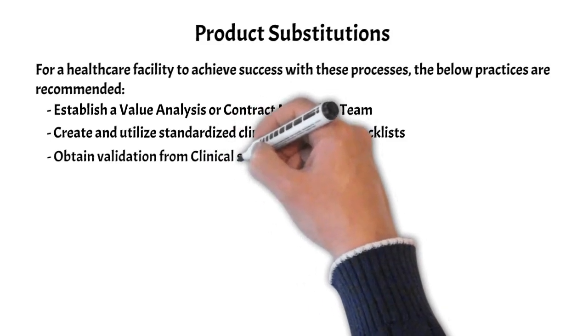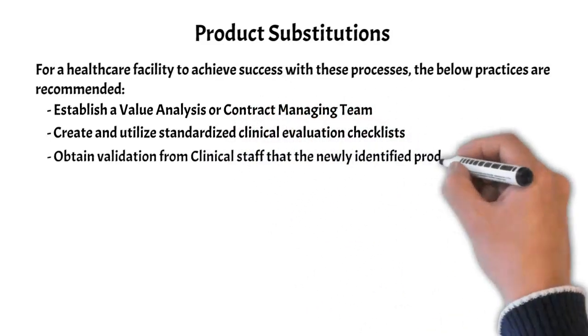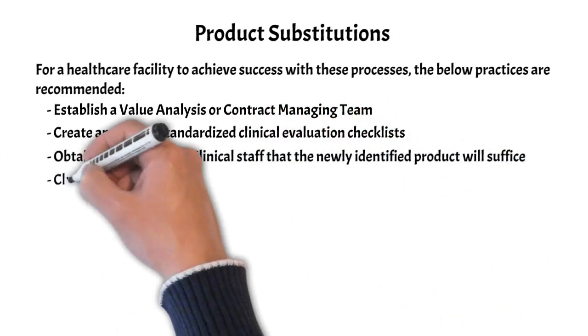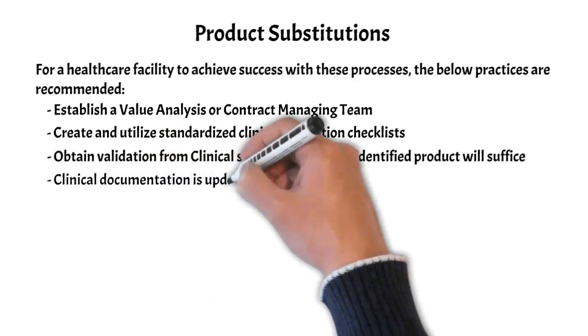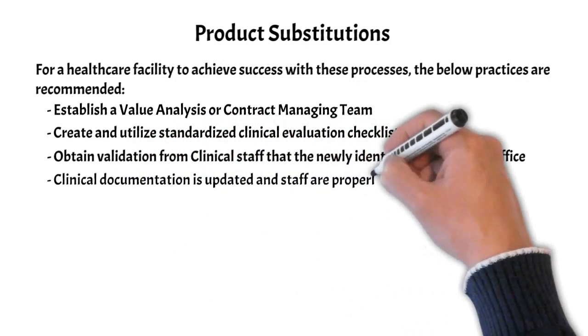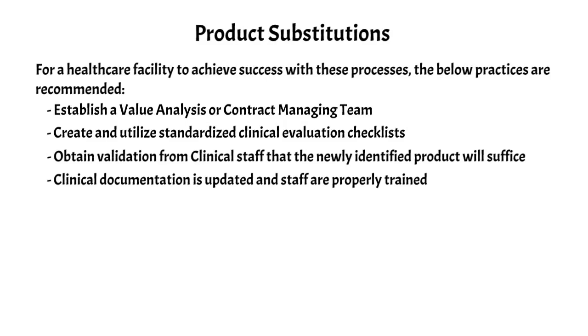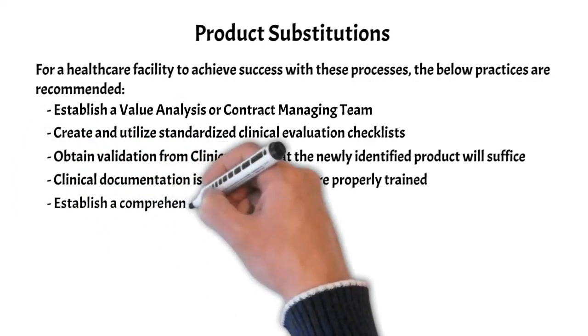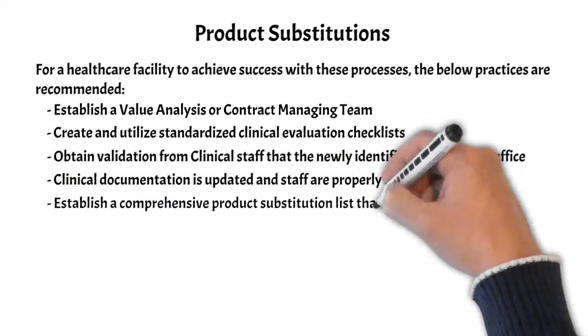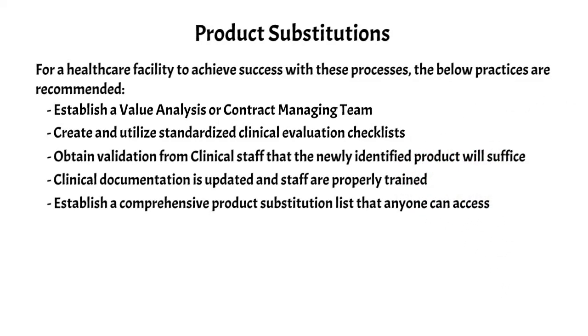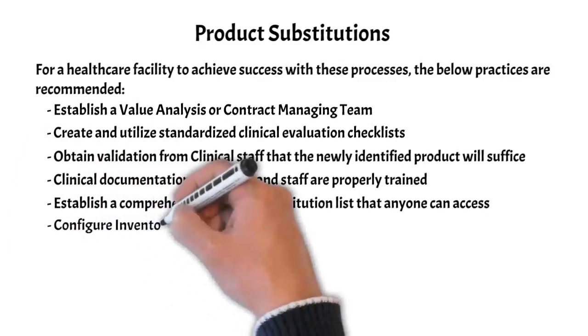Obtain validation from clinical staff that the newly identified product will suffice. Clinical documentation is updated, plus in-servicing is scheduled in a way that maximizes the education of and adoption by clinical staff. Establish a comprehensive product substitution list that can be accessed by all stakeholders, including clinicians, management, and supply chain.